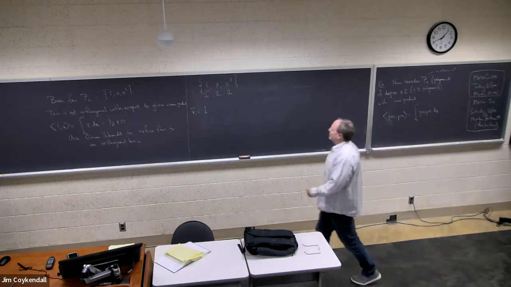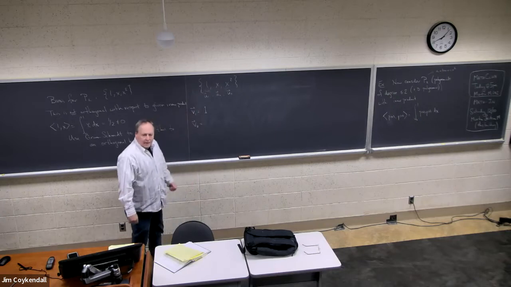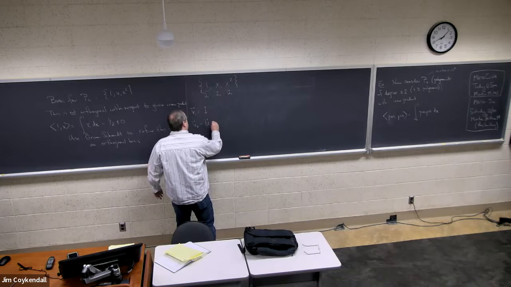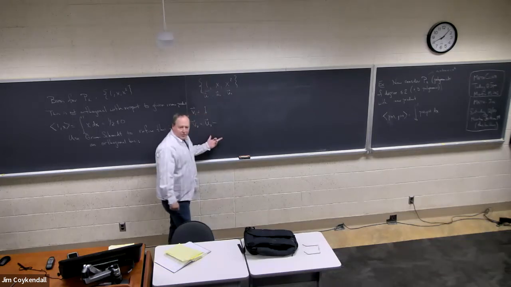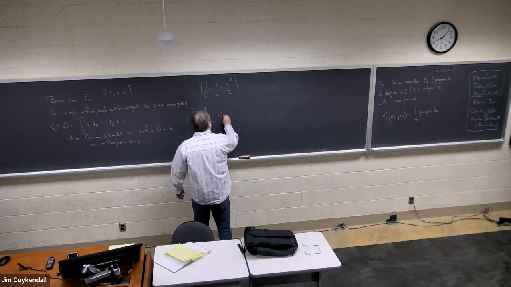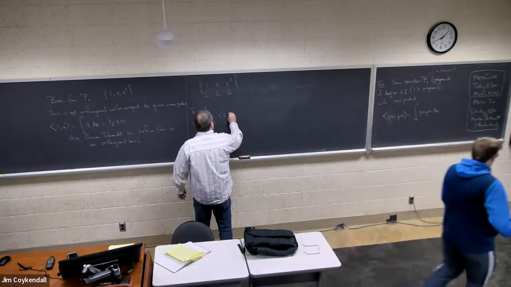Now, let's look at B2. How do I do this? Well, it should be U2, and we subtract off its projection on the first basis element, B1.